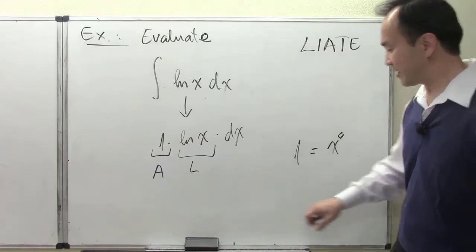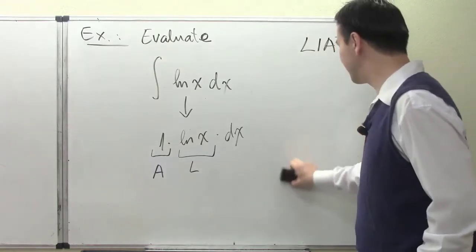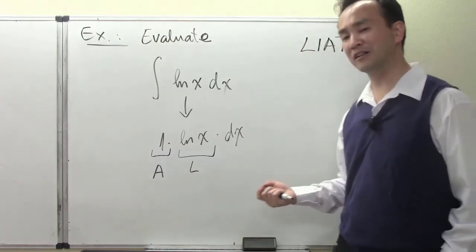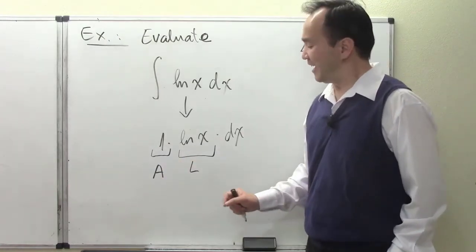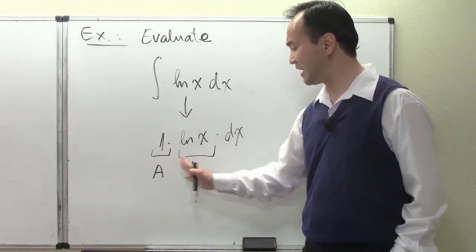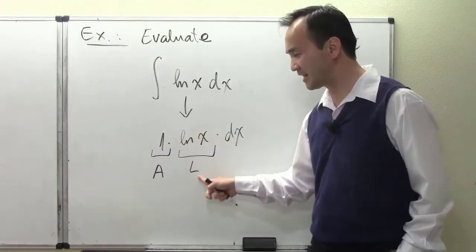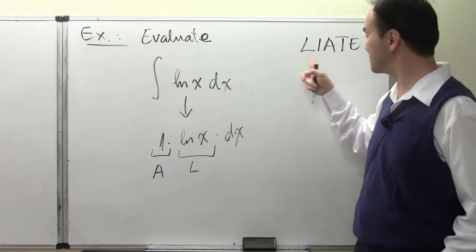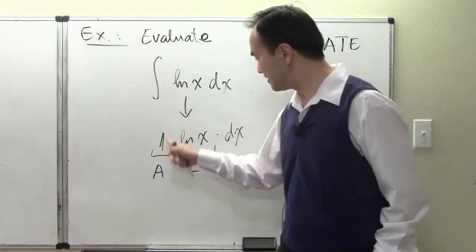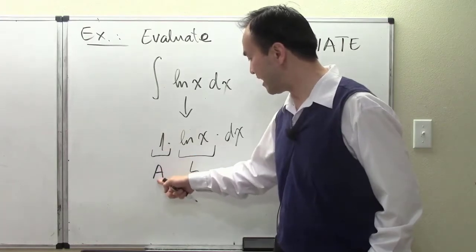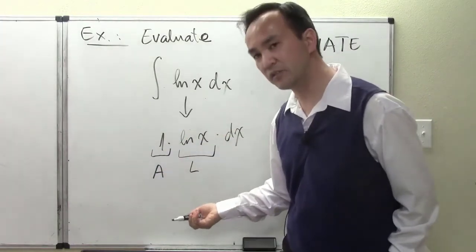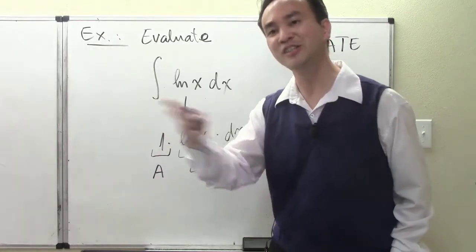So any constant function can be regarded as one function among the algebraic family. Now we clearly nail down that our natural log of x came from the logarithm family, and our constant function 1 came from the algebraic family. Then we have a clear direction of how to make a good u choice.